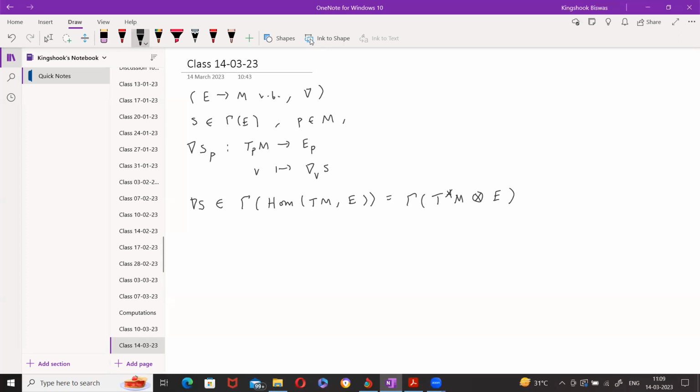So I have a connection on this tensor product bundle, and I can again apply that connection to this section nabla S. Then I can look at nabla squared S, which is nabla of nabla S. What bundle would this be a section of?